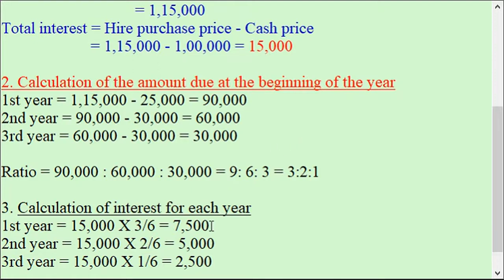So 7,500, 5,000, 2,500. So the total 15,000 interest which I have paid for this purchase of the asset is segregated year-wise. First year I am paying interest of 7,500, second year interest of 5,000, third year interest amount of 2,500.